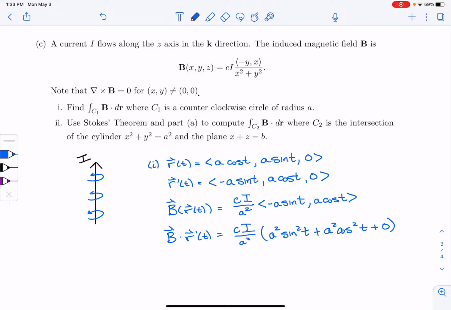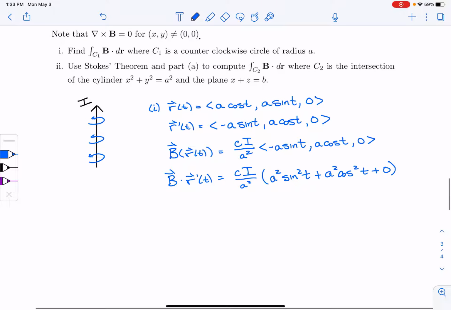We're thinking about B as having a third dimension, but that third dimension there is going to be 0. Well, what does that mean for the work performed by this magnetic field?